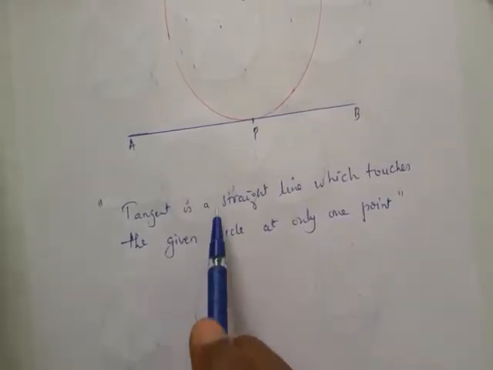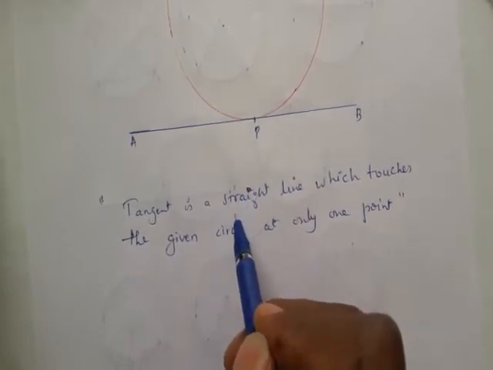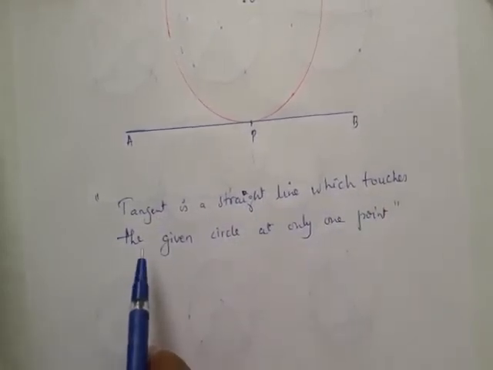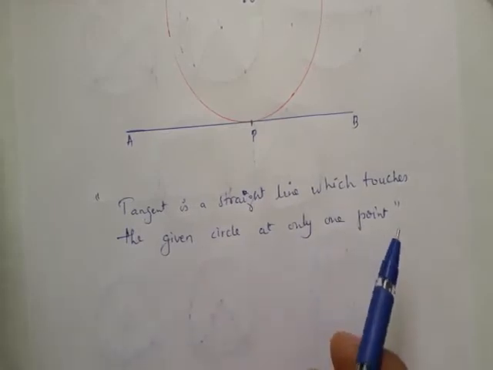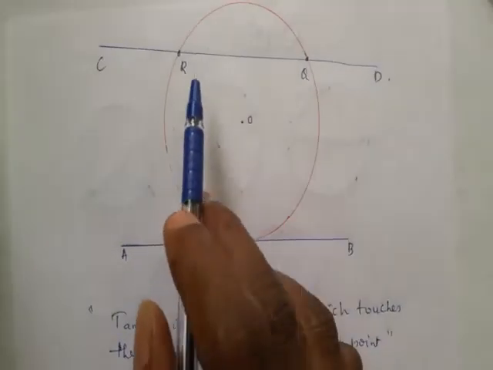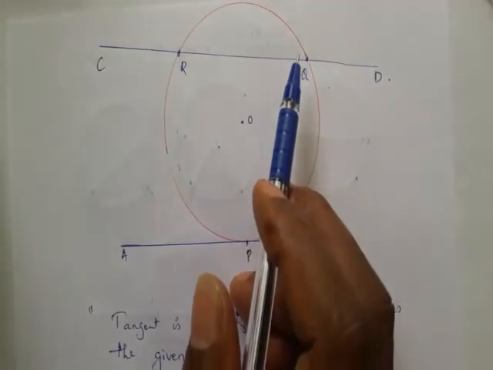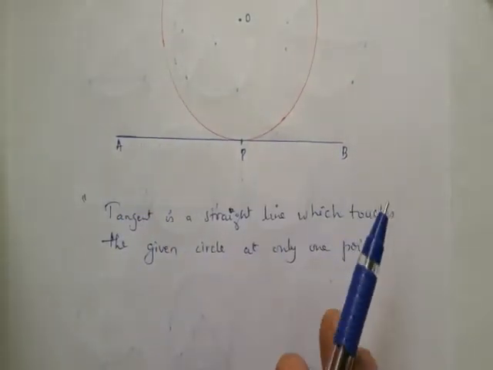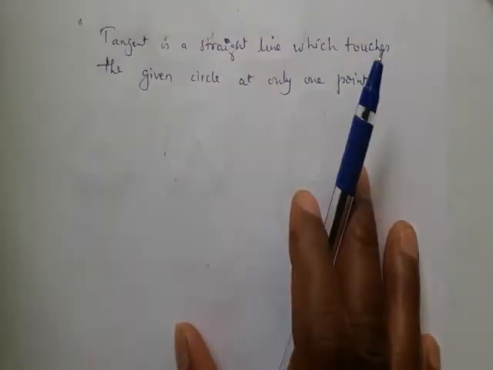Look at, tangent is a straight line. This is the definition of the tangent. Tangent is a straight line which touches the given circle at only 1 point. If it touches the circle at 2 or more than 2 points, it is not a tangent. If it touches the circle at only one point, it is called a tangent.